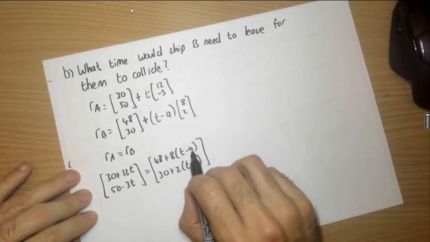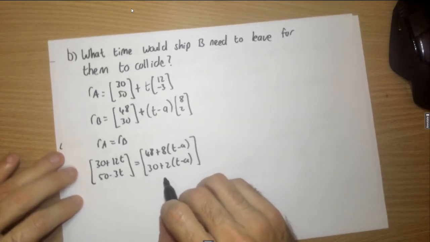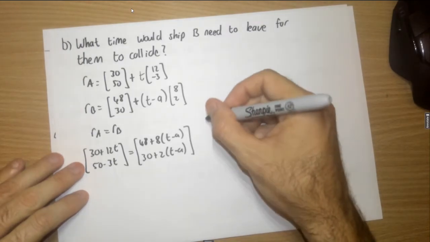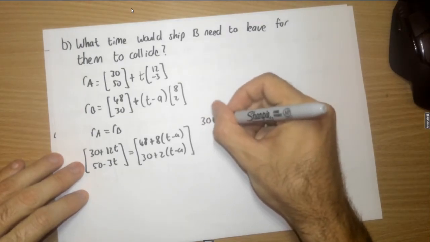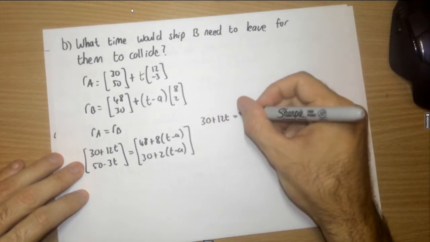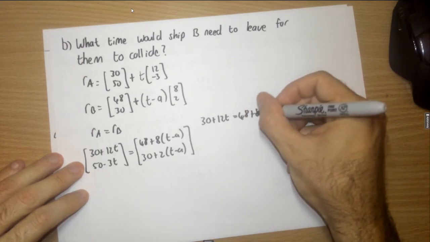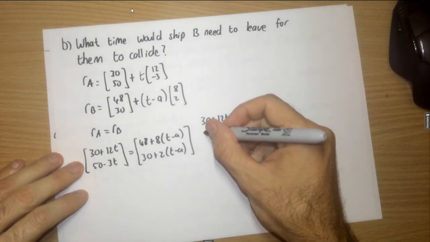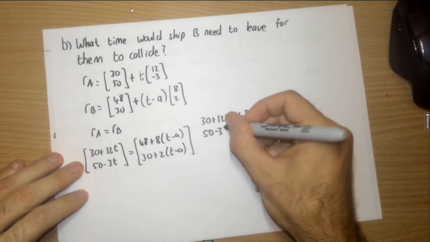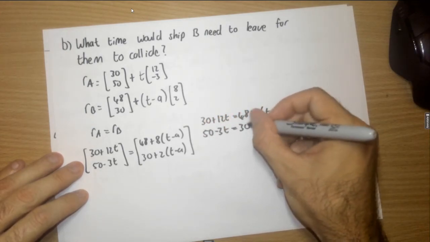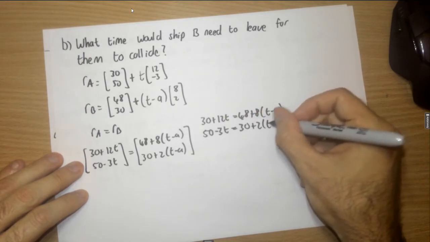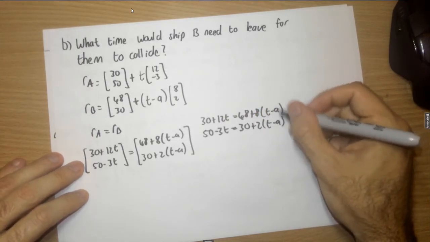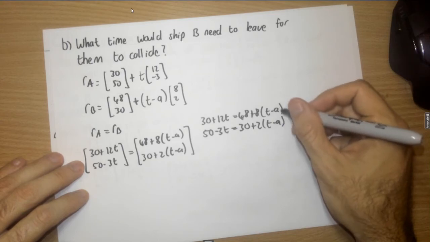Again, we've got two variables, two unknowns, so we can solve this simultaneously. The first equation is 30 plus 12t equals 48 plus 8t minus a. The second equation we need to solve is 50 take away 3t equals 30 plus 2t take away a, where a is the delay that we're going to give ship B.